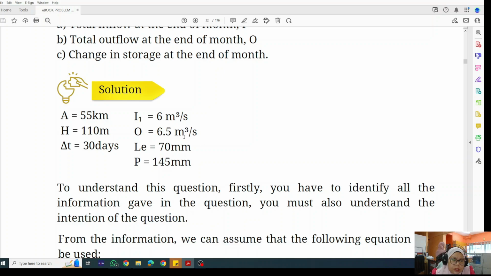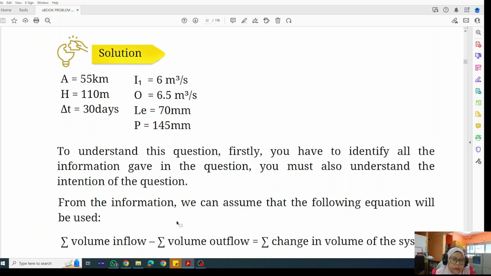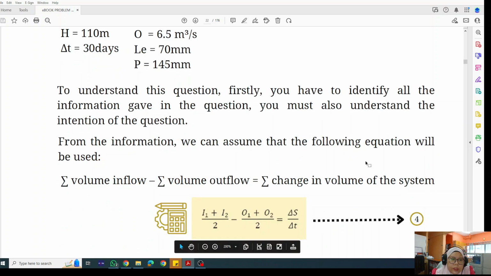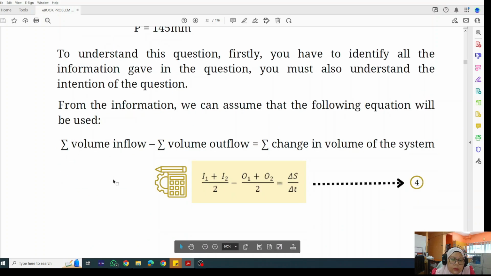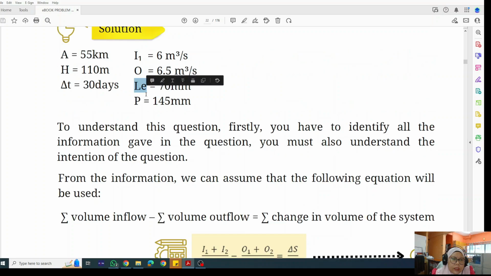Okay, from the information we can assume that the following equation will be used. So based on the information here, we have I1, O1. And then for LE, we can consider it as the outflow at the end of the month. LE also can be considered as outflow from the system.